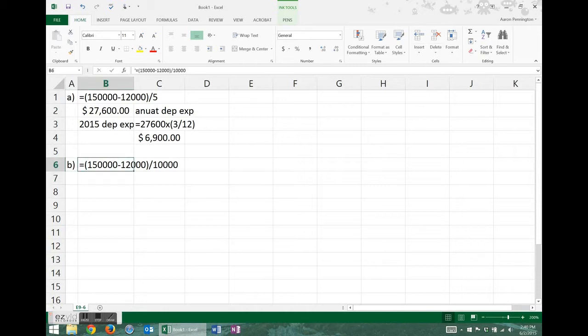For part C, declining balance using double the straight line rate. To get 2015 depreciation, all we need to do is take the 13.80 times 1,700 hours.